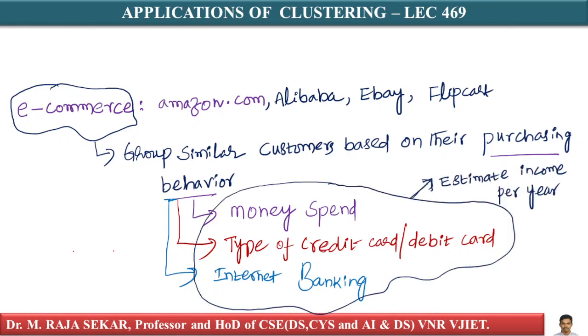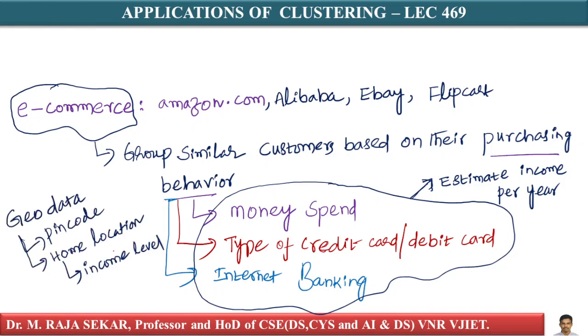It can also be geographical data: what is your pin code, and where is your home located, which tells a lot about income levels, your purchasing power, things like that. If you want to group similar, again, similar is subjective here. A lot of e-commerce companies would like to group similar customers based on their purchasing behavior.